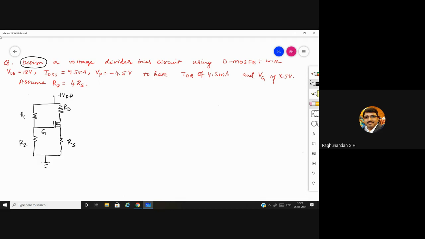And VDS is not given, and VGS is also not given. So what is the first step which we can do? From this, we have understood that if we somehow find this RS, we can get RD easily.